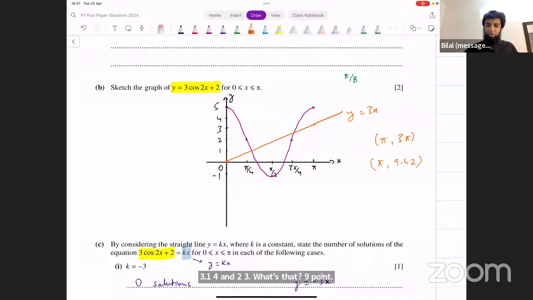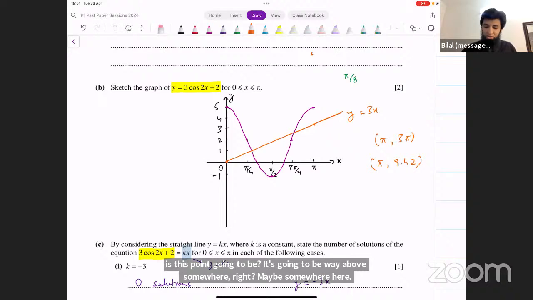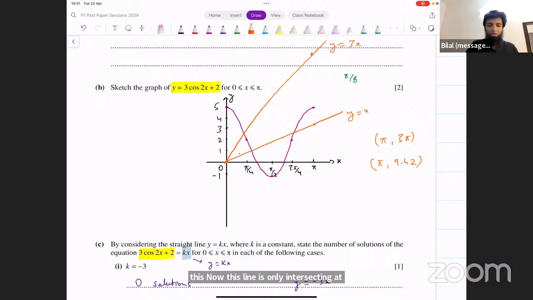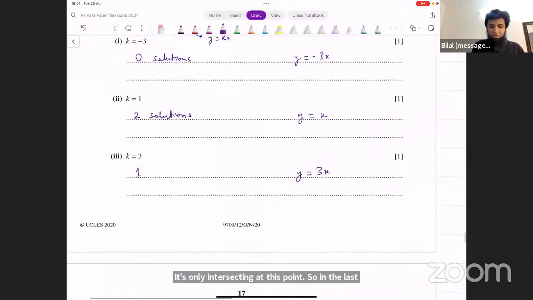Where is this point going to be? It's going to be way above somewhere, right? So maybe somewhere here. So this last line, y equals 3x, would look like this. It would go like this. Now this line is only intersecting at 1 point. It's only intersecting at this point. So in the last case, we say there's only one solution.